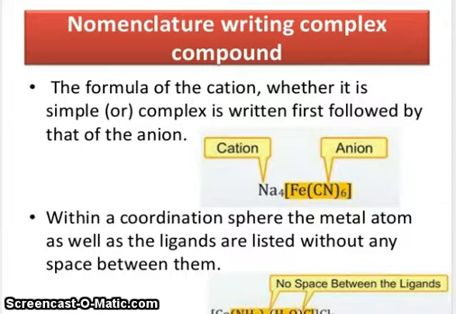Now, nomenclature, writing complex compounds. The formula of the cation, whether simple or complex, is written first, followed by that of the anion. Within a coordination sphere, the metal atom as well as the ligands are listed without any space between them.